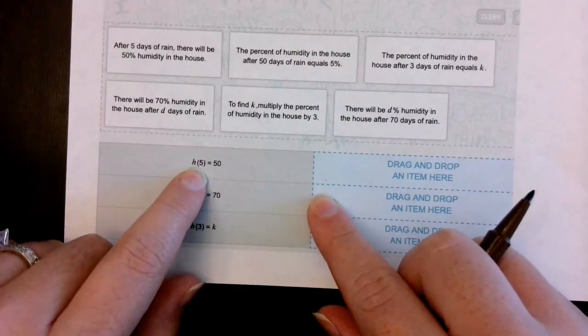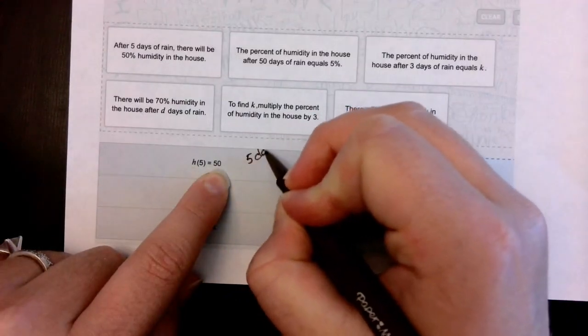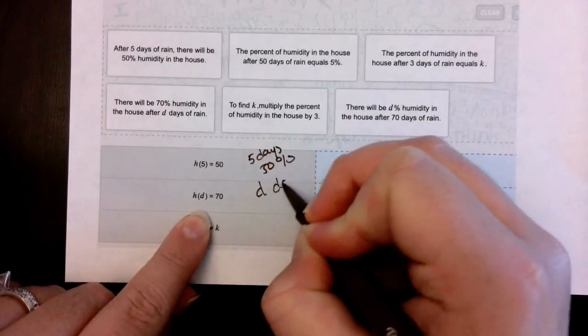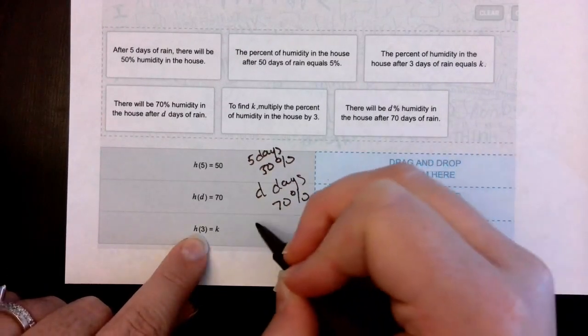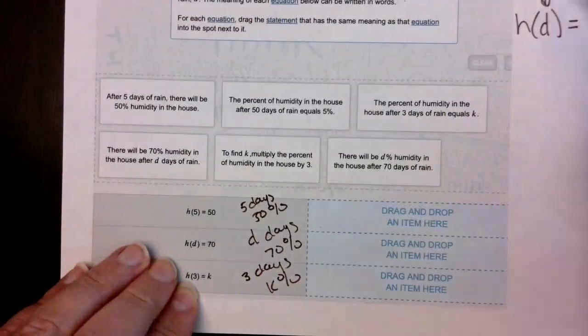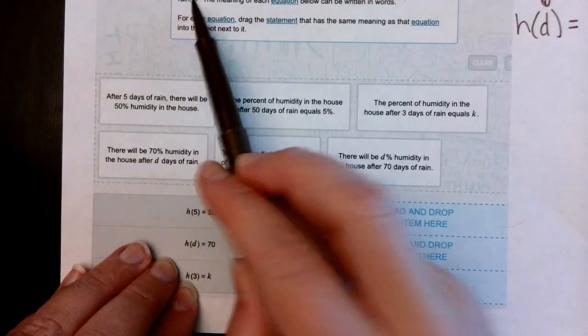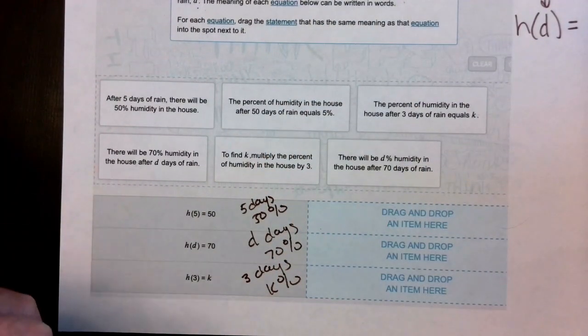So it says after 5 days there'd be 50% humidity. After D days, 70%. And after 3 days, K%. And we just know that because we talked about it up here. D is number of days it rains, and then we get the humidity. So let's match it up top here.